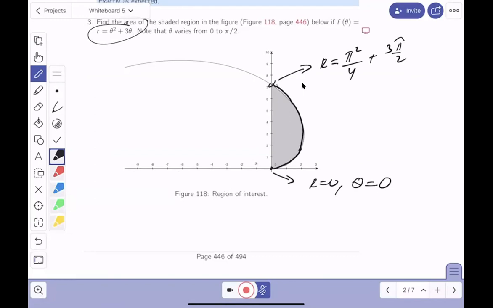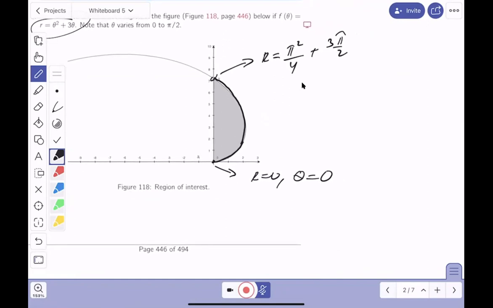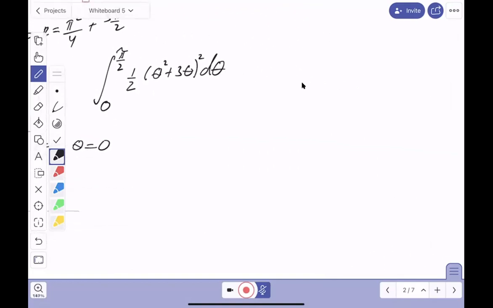All right, so what I'm going to do, I got to do it. And that's going to be, let's write this down. So I'm going to go from 0 to pi over 2. And then what do I get? I get 1/2. Well, I got to do r squared. That's going to be theta squared plus 3 theta squared d theta. We'll look at the key later, but I got to do some work over here.